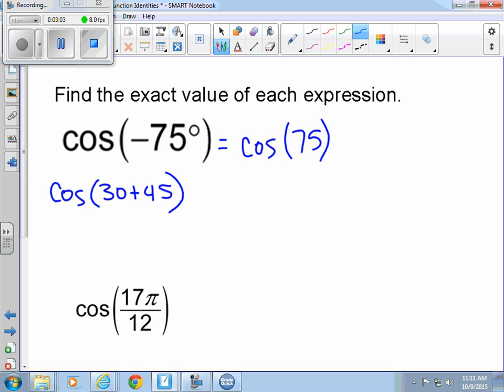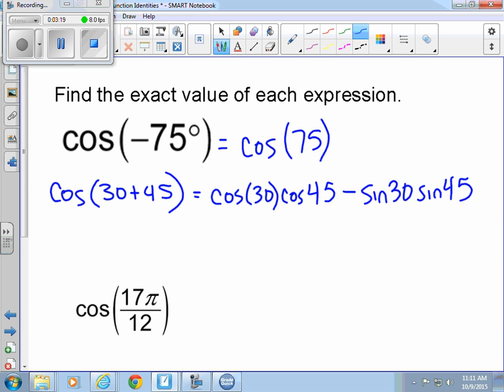And then what does that equal using the identity you wrote down today? Does everyone see where she's getting that information? Everyone see that?